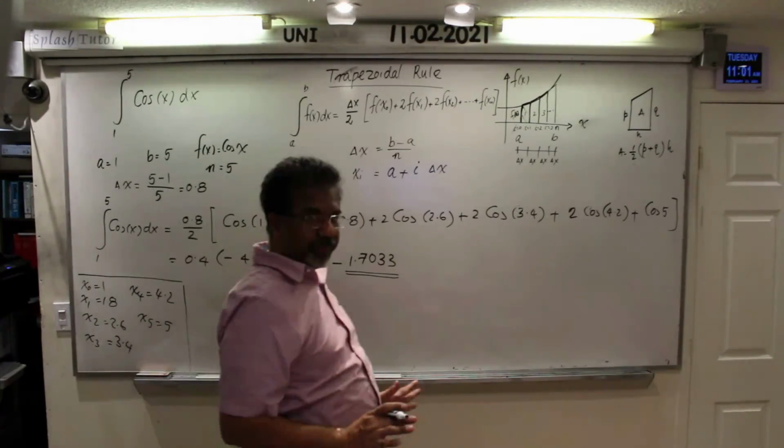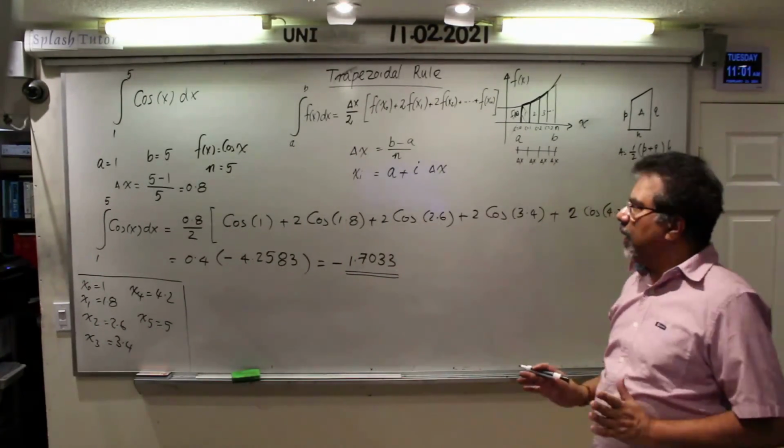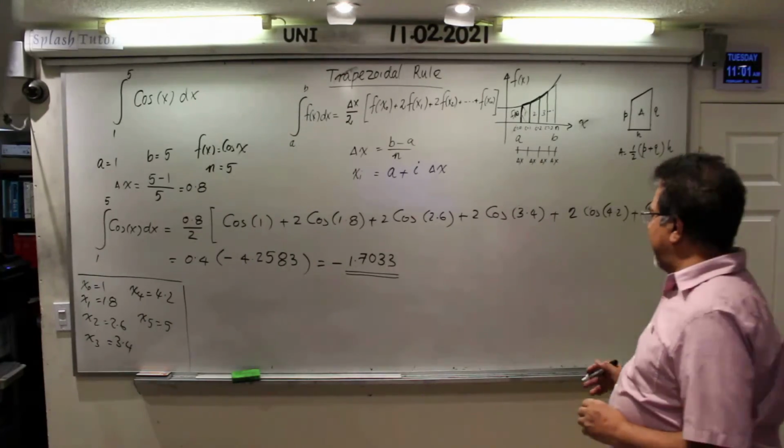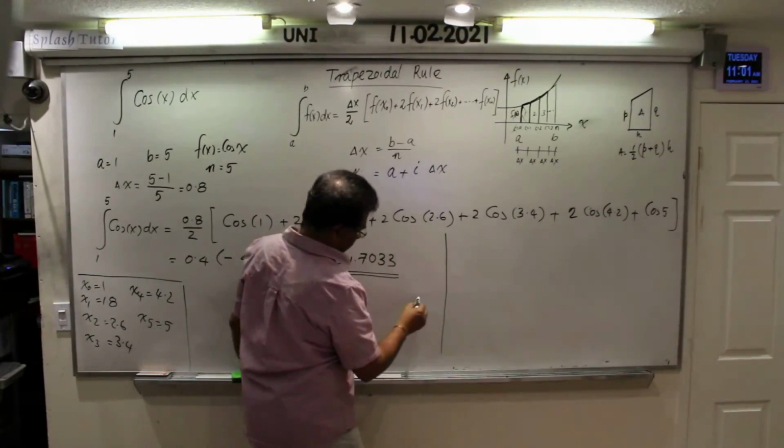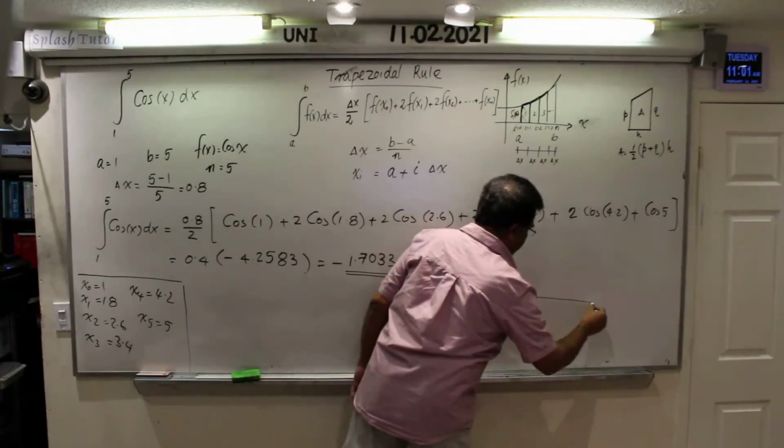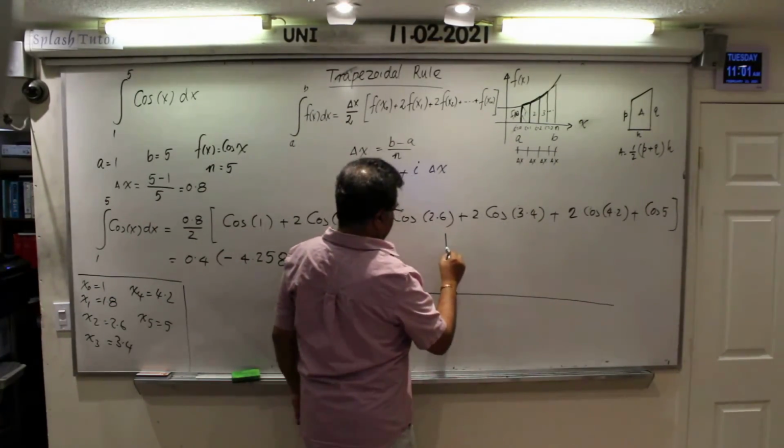Do you know that? No. Now the problem is, look at here, when I draw the graph, here's the cosine graph.